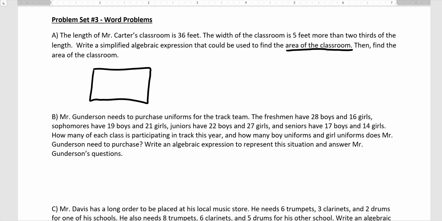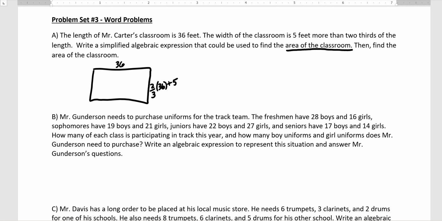So the length of my classroom is 36 feet, so we'll call that the length. Now the width is 5 feet more than 2/3 of the length. 5 feet more, so that'd be plus 5, and 2/3 of the length. Well, the length is 36, but we only want 2/3 of that.